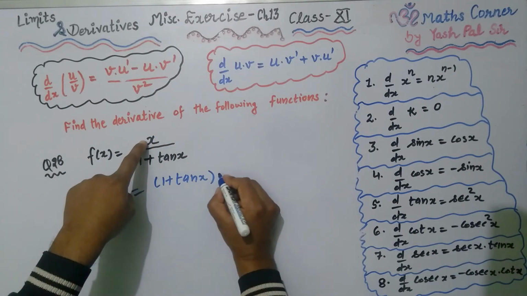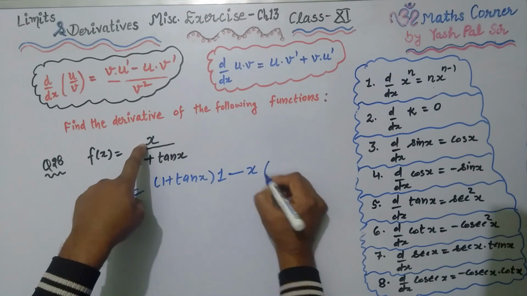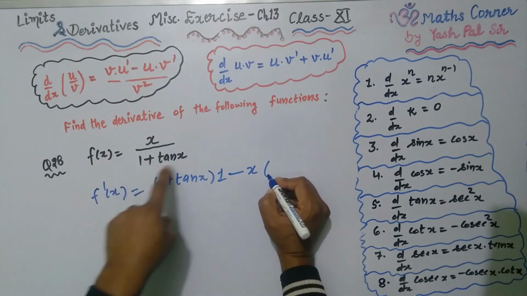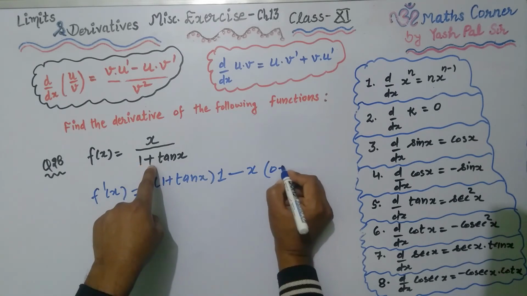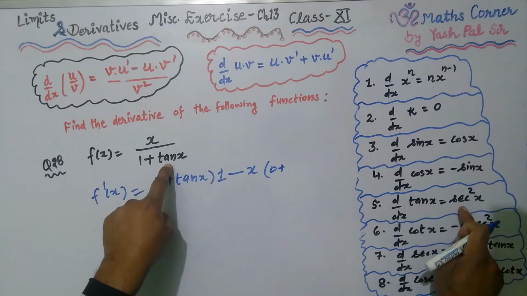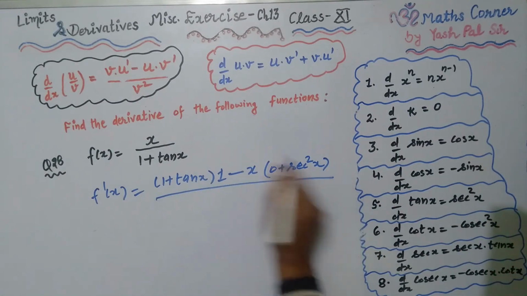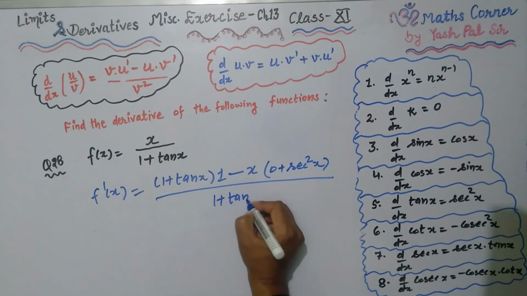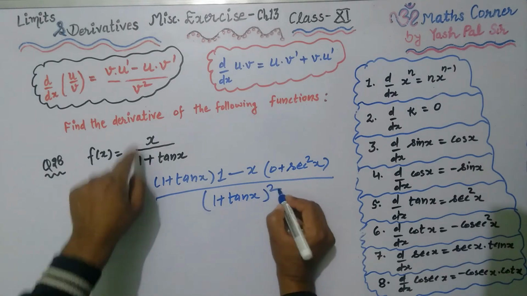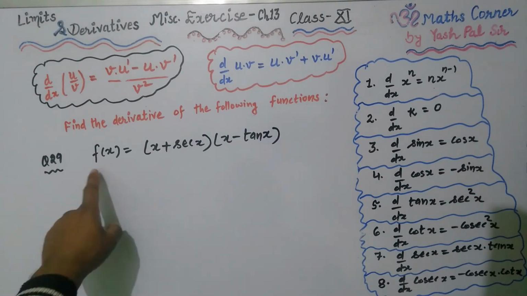Derivative of x is 1, minus u, that is x, into v', derivative of denominator, 1 derivative 0, plus tan x derivative sec squared x, whole divided by v squared, (1 plus tan x) whole squared, like this. Okay, so this is question number 28. Now next question, question number 29.